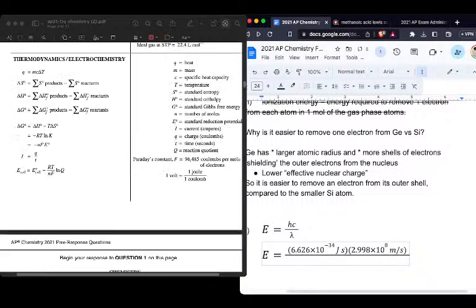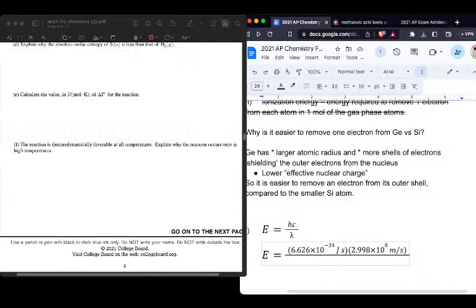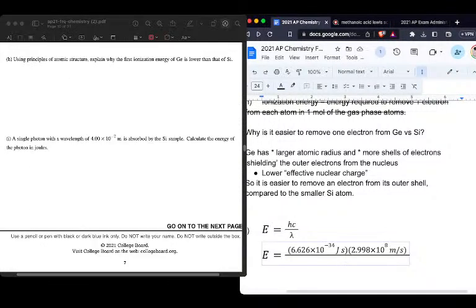And the wavelength was given to us in the question. 4.00 times 10 to the power of negative 7. Oh, thank goodness it's already in meters. Seconds cancels with seconds. Meters cancels with meters. And we're going to get photon energy in joules straight up from these numbers. It's just a case of whether or not you can type them into your calculator.